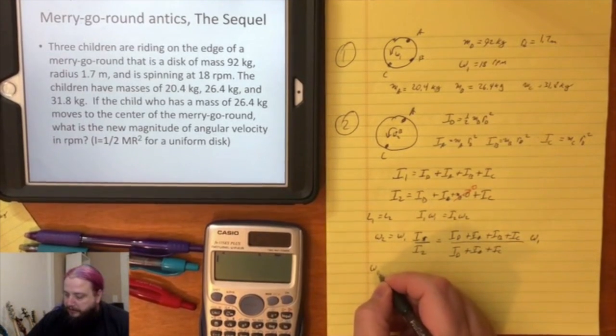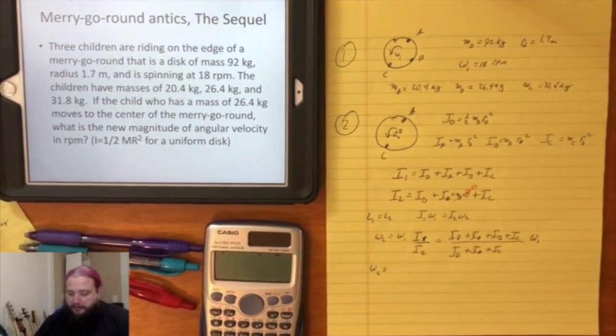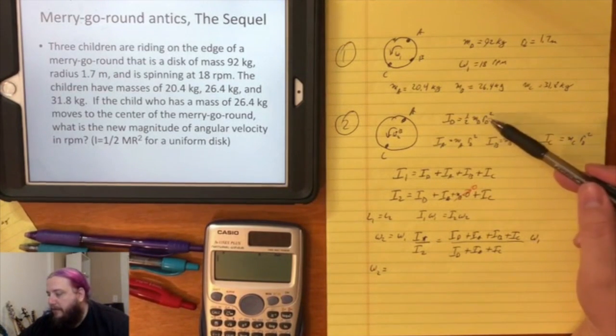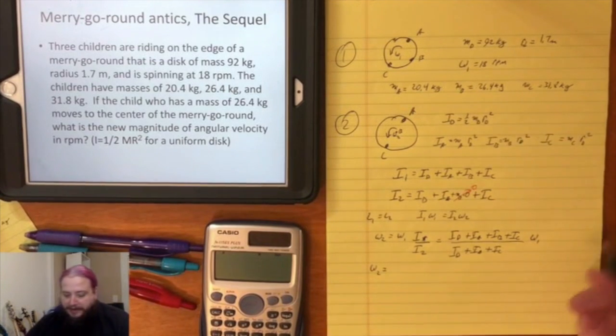So again, we can just start plugging those in. These terms all have an mr squared in them. The disk has a 1/2.